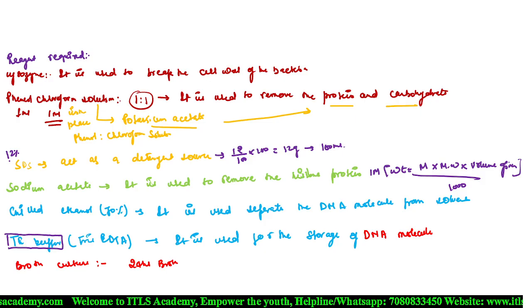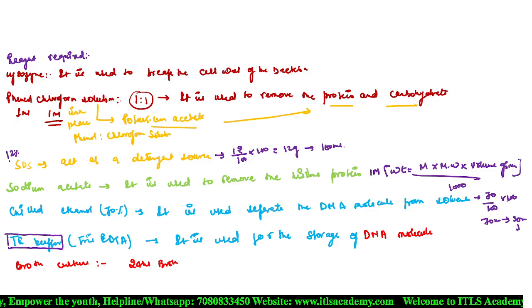Then chilled ethanol 70% is prepared by 70 by 100 multiplied by 100, that is 70 ml in 30 ml of distilled water, and the ratio of phenol and chloroform I already told you. So how we prepare these reagents is clear.